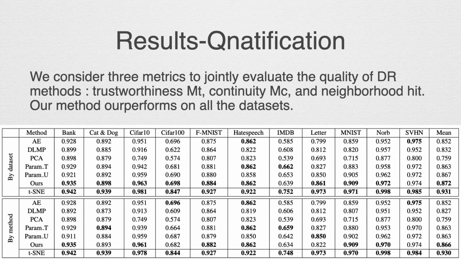The upper part of this table shows the results generated by the baselines and our methods, in which the best parameters were chosen for each dataset. To evaluate whether the methods were robust to the given parameters, we also selected a parameter for each method that can work best on all datasets, and the results are shown at the bottom of this table. As can be seen, our method outperformed baselines in most of the datasets.